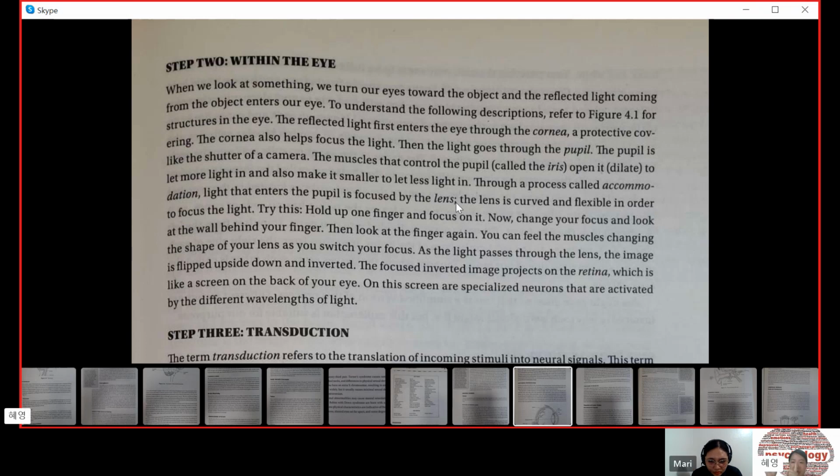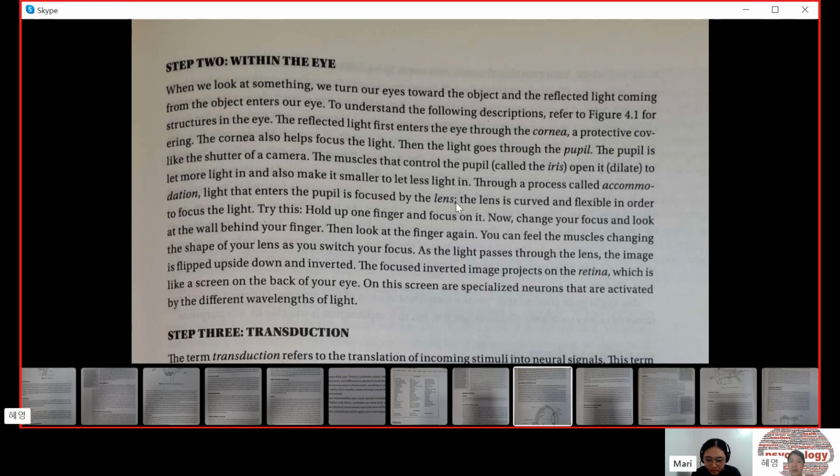Now change your focus and look at the wall behind your finger. Then look at the finger again. You can feel the muscles changing the shape of your lens as you switch your focus.